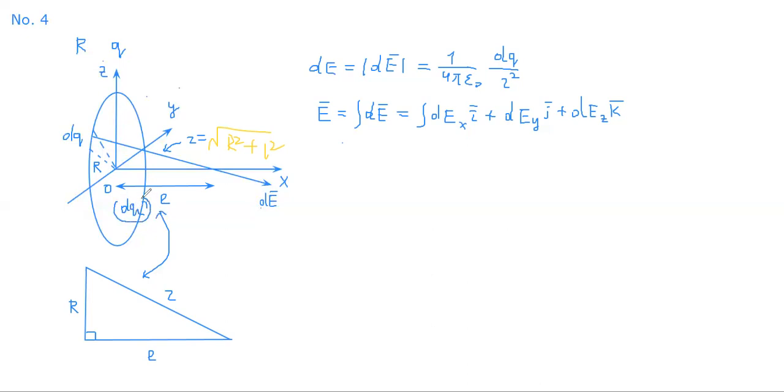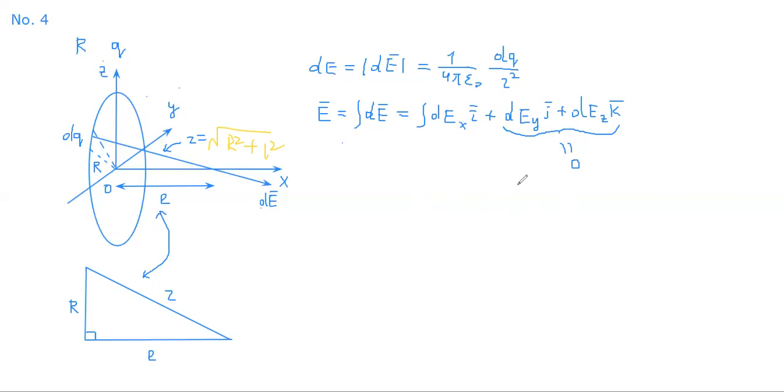So this dq and this dq produce electric fields, and these electric fields after adding will result in zero here, because of the axial symmetry of the ring.